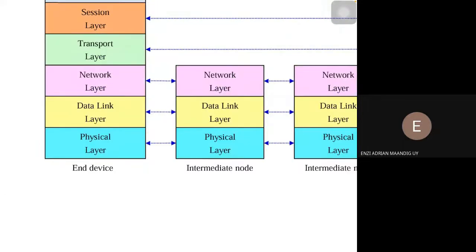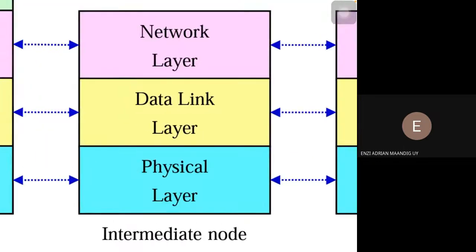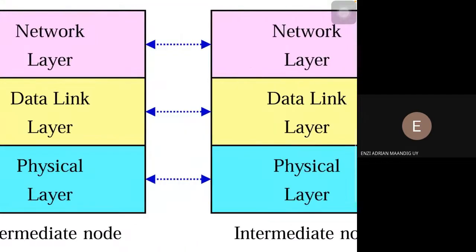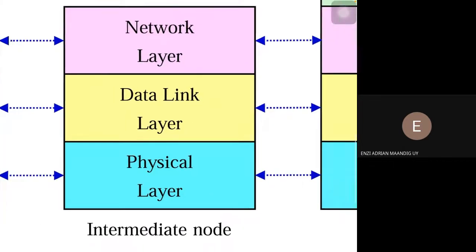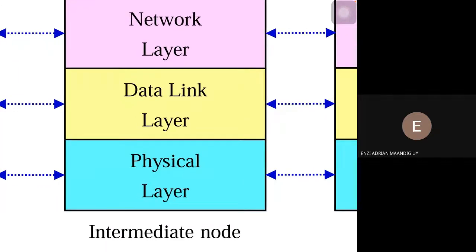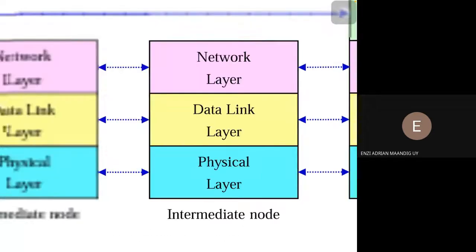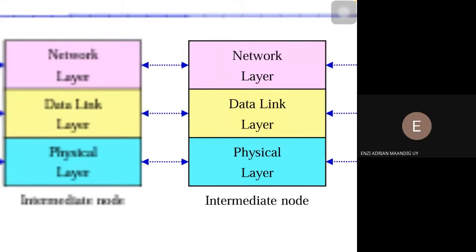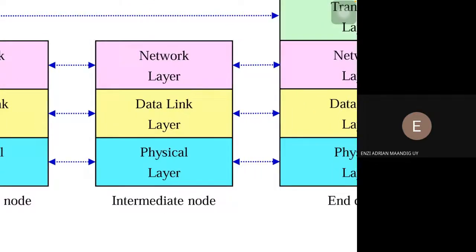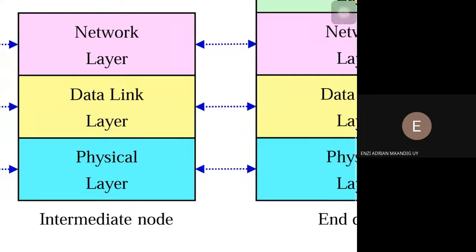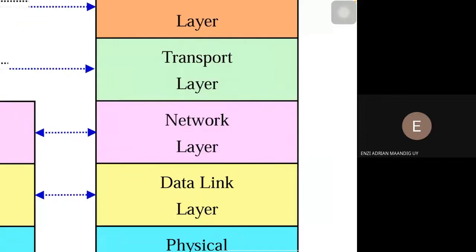And then since it passes through a router, an intermediate node, it goes through the physical layer again at the router of the destination. If we stick to the example of chatting with your sibling, the two of you share the same router. But if it is a different person, this is his or her router, and his or her router will route the data back to your device.